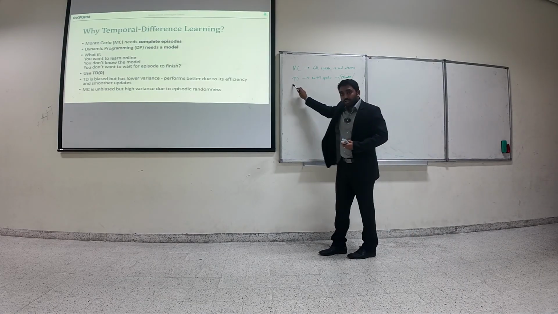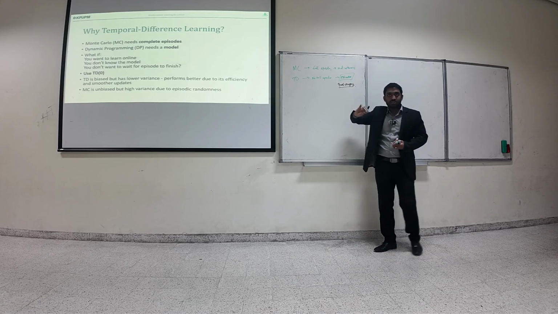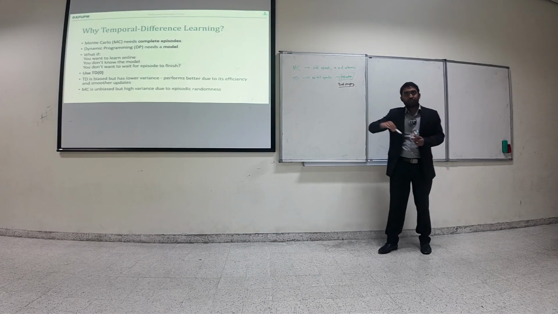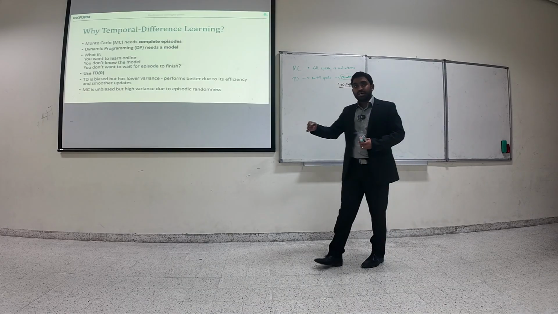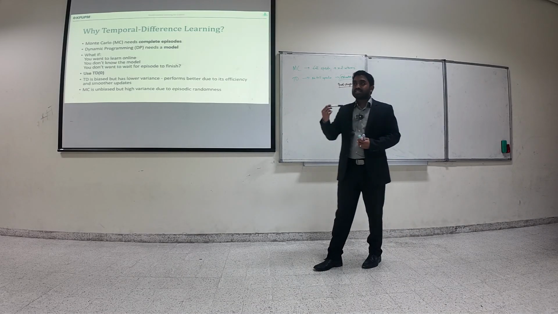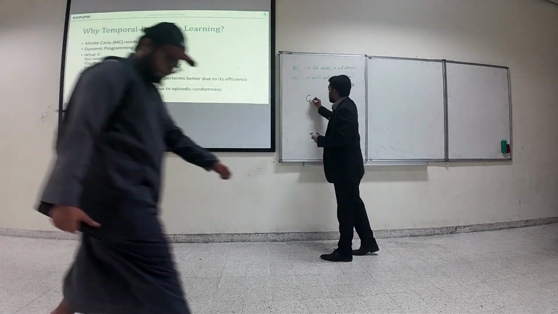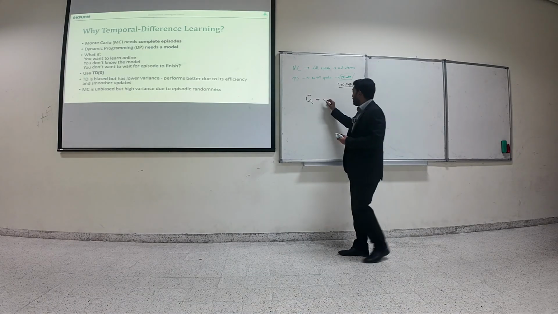So temporal difference learning does not require a model, as with Monte Carlo. The difference here is that in TD learning, you do not have to wait for the entire episode to complete because you rely on the estimates. And what are estimates? Okay, G_t is what? Return, right?